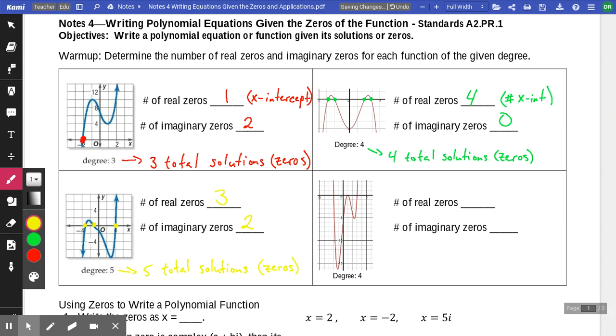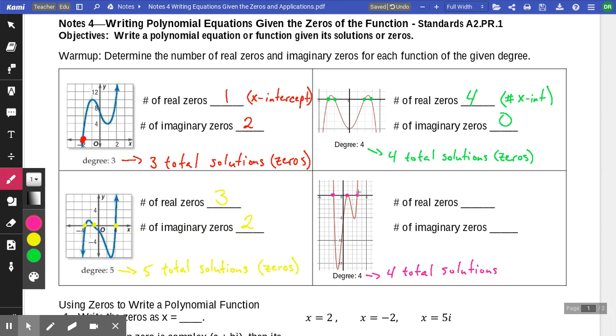Okay, the last one does have a special case here. If you look at it, we see it's degree 4, which is 4 total solutions. And so when we look at the graph, we see that there are 1, 2, and 3 x-intercepts.